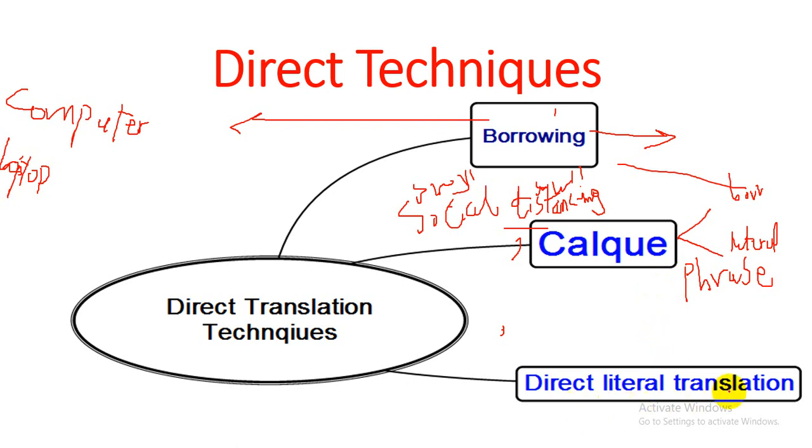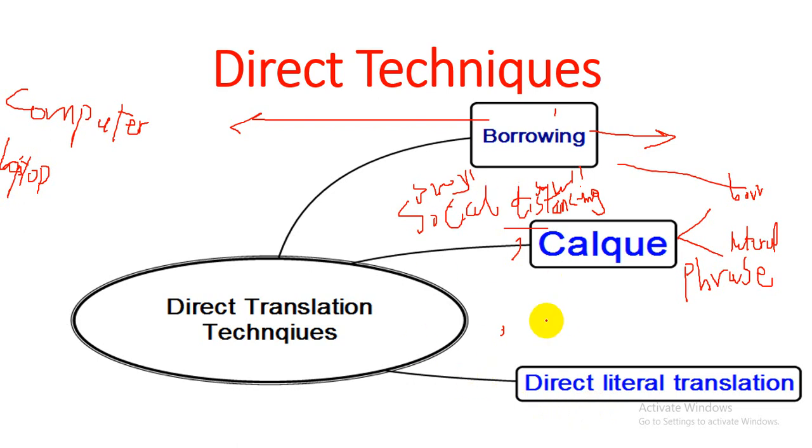How about direct literal translation? Direct literal translation is just using the dictionary to find the equivalent word for any given word in any text. So these are the direct techniques.